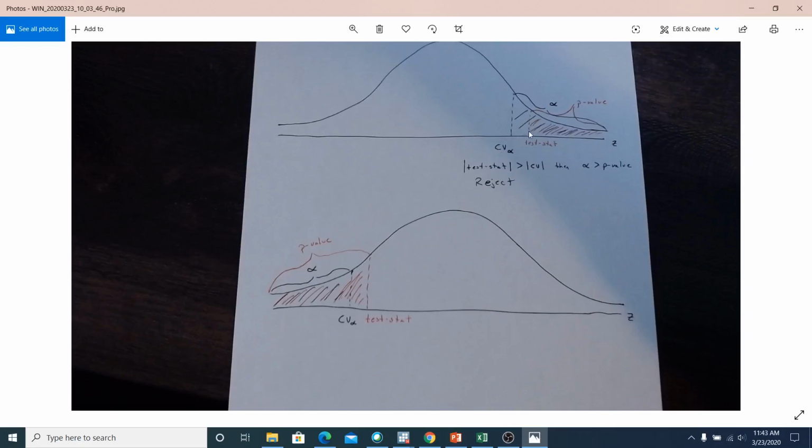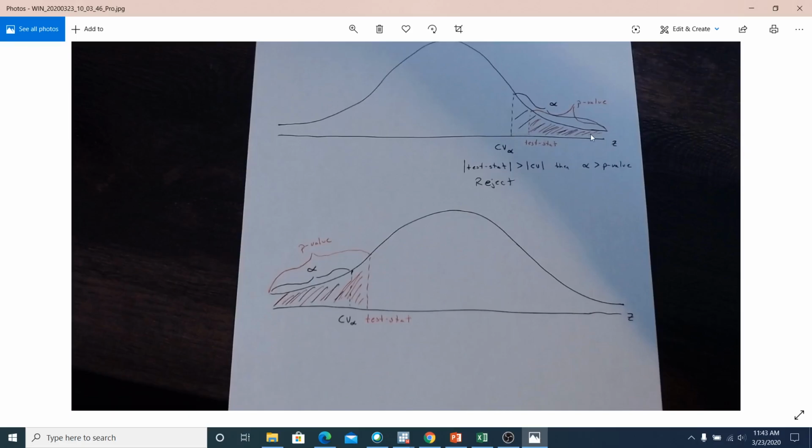Now the test statistic for a right-tailed test, the area to the right of my test statistic, that area represented my p-value. So notice, anytime my p-value is smaller than alpha, this red area is the p-value, if it's less than the shaded black area of alpha, I reject. But if my p-value is less than that chosen alpha, it would have to be for a test statistic that is somewhere to the right of my critical value.